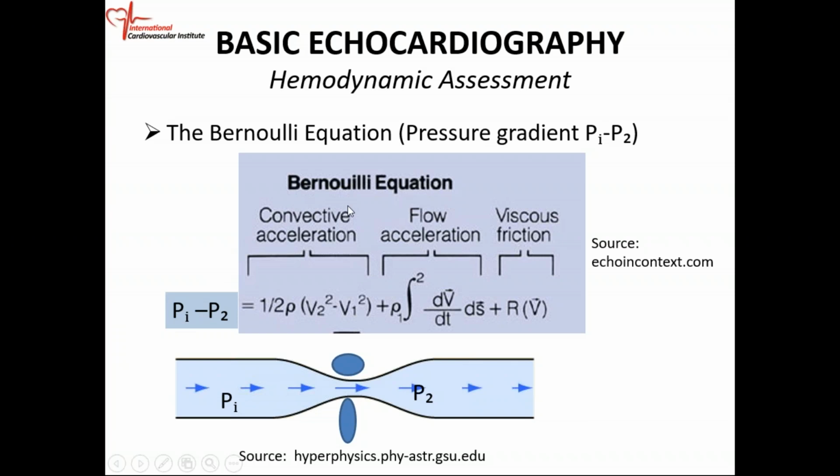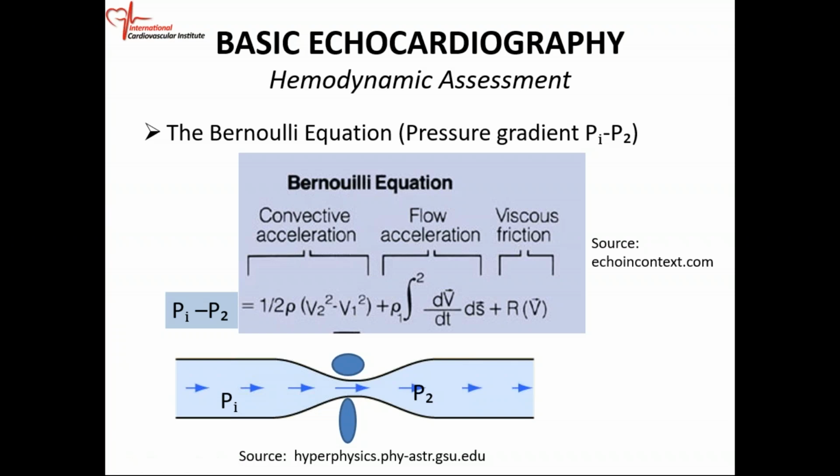equal to what we call convective acceleration plus flow acceleration plus viscous friction. Okay? So the pressure gradient is determined by these three factors: the convective acceleration, flow acceleration, and viscous friction.